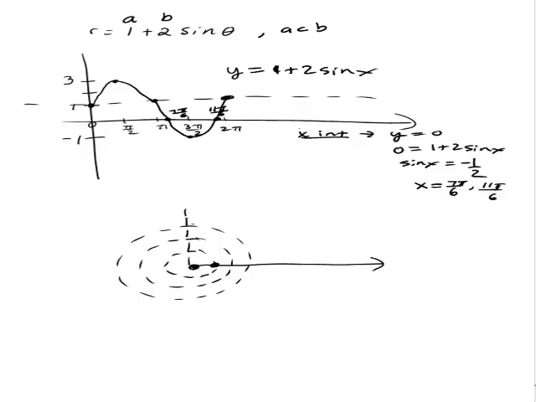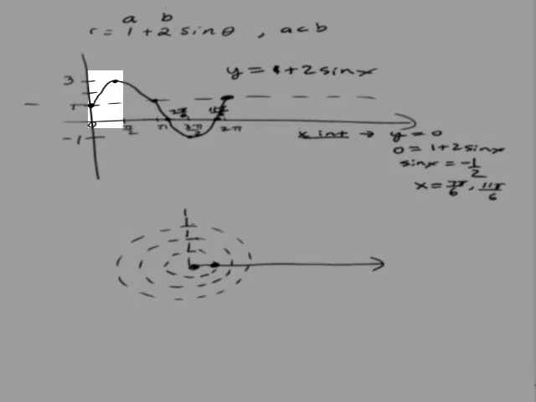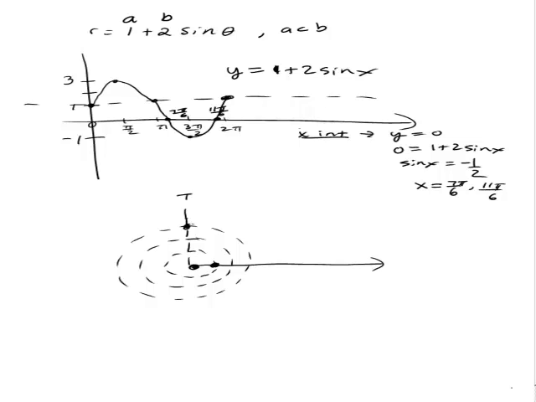And what happens? It says that as theta goes from 0 to pi over 2, r goes from 1 to 3. So 1, 2, 3 here at pi over 2. So we go out from 1 to 3.